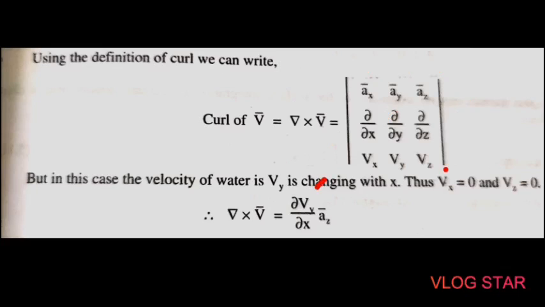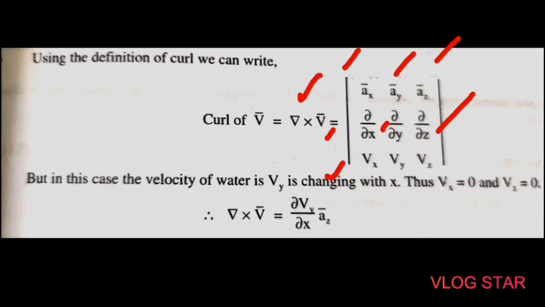Okay, so this is a 3 by 3 matrix where we can put the coordinates of x, y, z. With respect to x, y, z, we can write dou by dou values, and here we have to take curl of V bar. So here we can write the values of V, that is Vx, Vy, Vz along with the x, y, z direction.